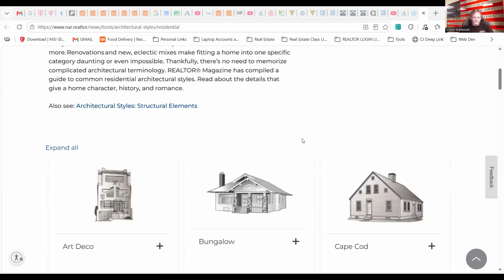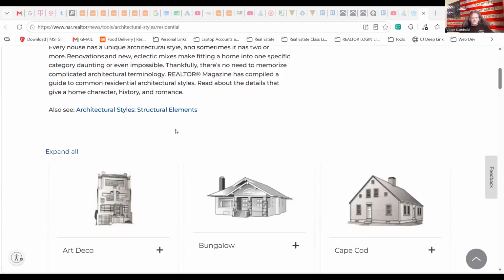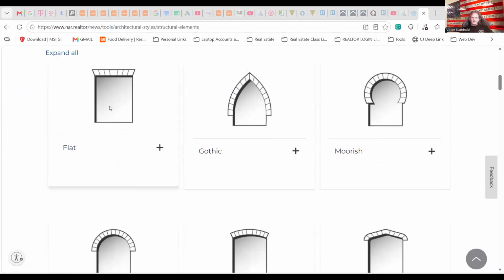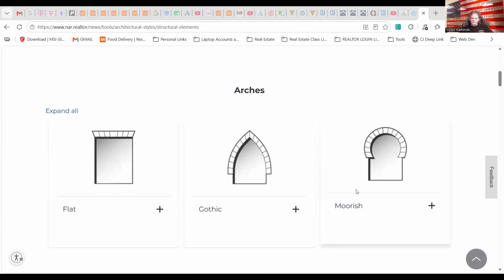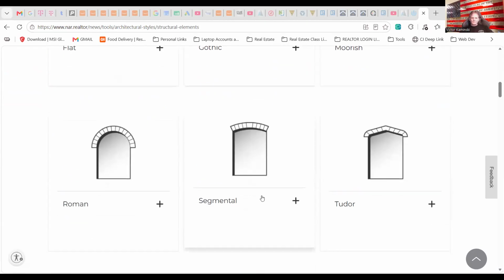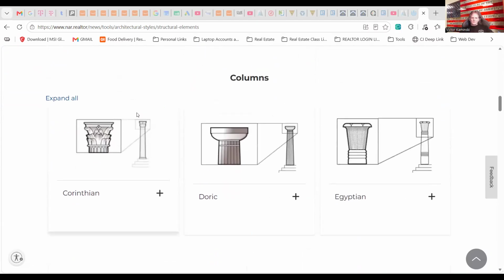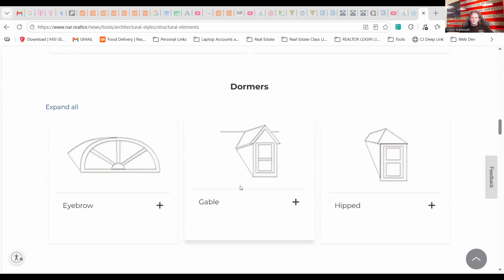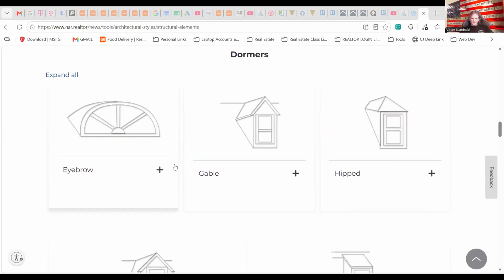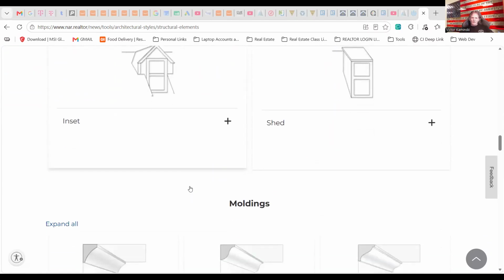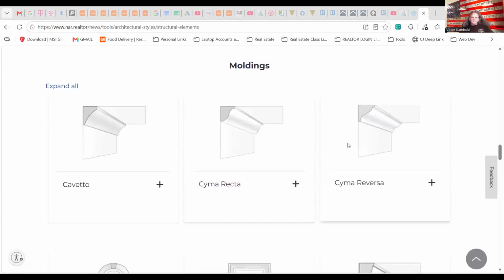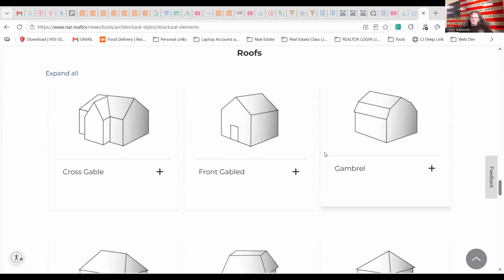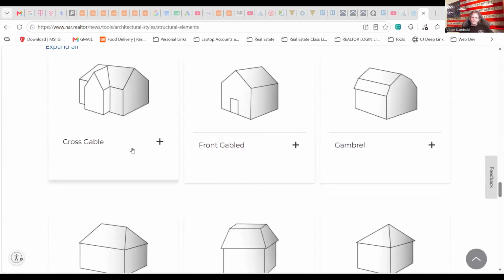And then in here, there's also another link for architectural structural elements, like the types of different arches and what they're called, the types of columns, dormers, the different styles, moldings, the different style roofs, and their names.